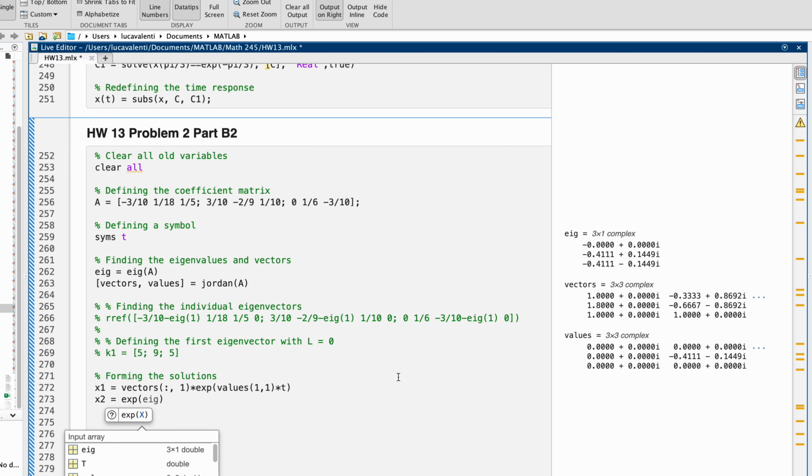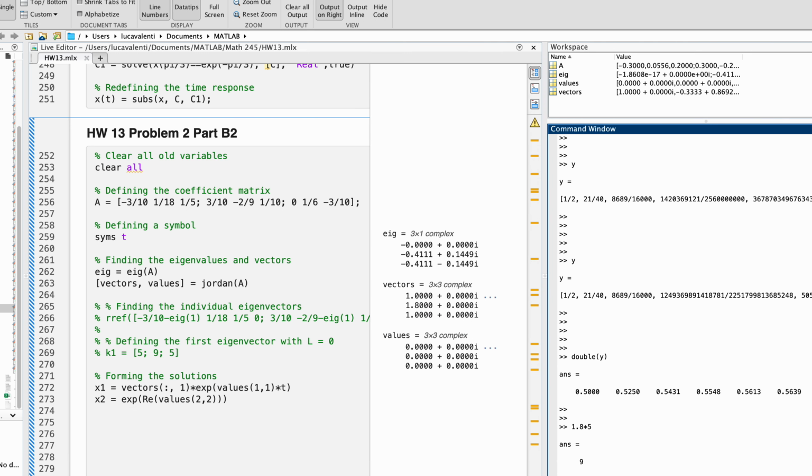Our second solution is going to be the exponent of the real part of the eigenvalues. So I can say values of 2 comma 2, and then I just want the real part, which I think in MATLAB was like this. I don't fully remember, so let me put it in here.